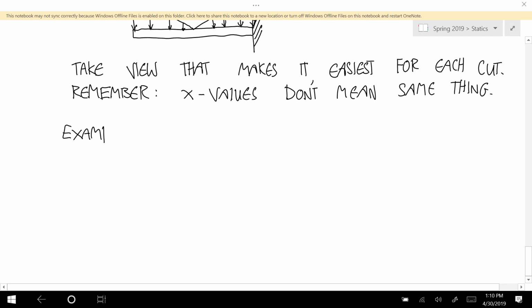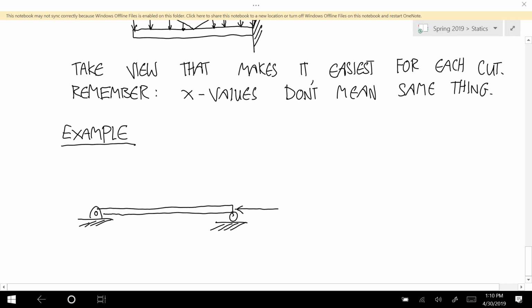Okay. So now, let's say we have a beam with a pin over here and a roller on the other side, and a horizontal force here of 5,000 newtons. And the weight of the beam is 700 newtons.